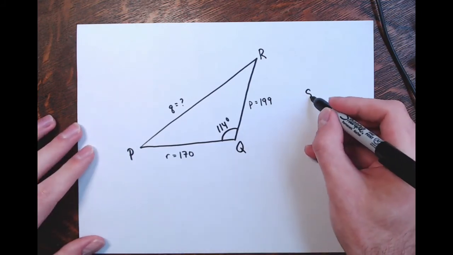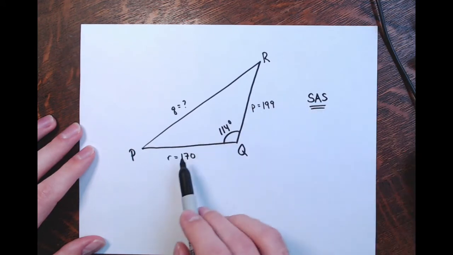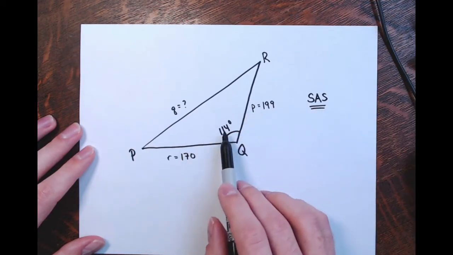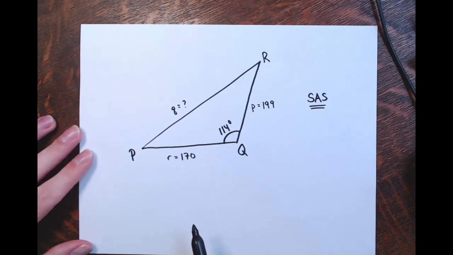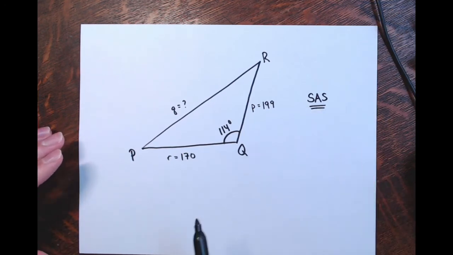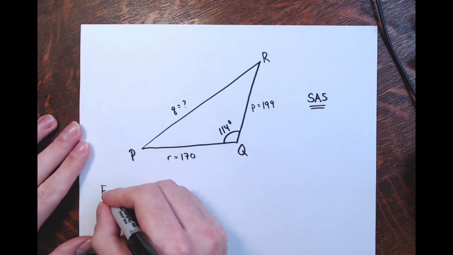And this is an SAS triangle, side, angle, side. I know two sides, p and r, and the angle they form, the included angle. In these SAS or SSS triangles, just these two scenarios, you can solve the triangle using the law of cosines. So I'm going to find this q.